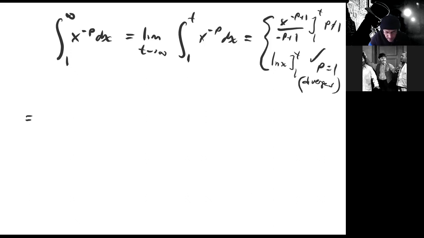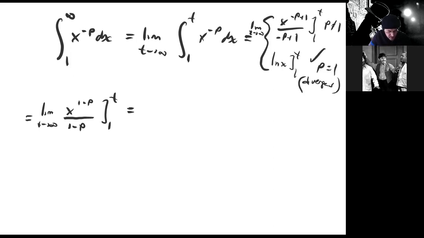Okay, so now what happens there? I have to take a limit here, by the way. So it's the limit as t goes to infinity of, I'm going to write minus p plus 1 as 1 minus p. So it's x to the 1 minus p over 1 minus p evaluated from 1 to t. Now, what happens?